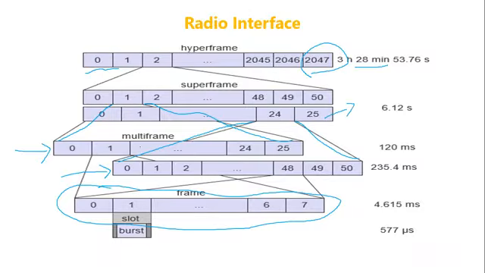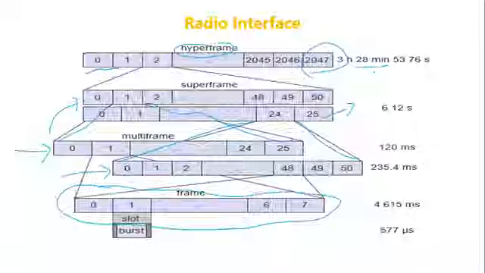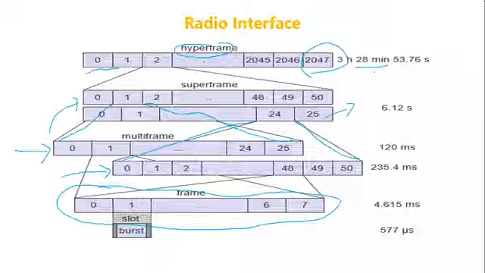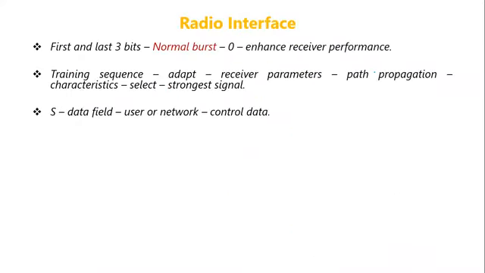Or if you combine 51 frames of 26 multi-frame, that can also be called one super frame. And then if you combine 2048 super frames, that is called a hyperframe. And the duration of the hyperframe is around 3 hours 50 minutes, 3.5 hours. Okay, so this is about the radio interface, how it works.